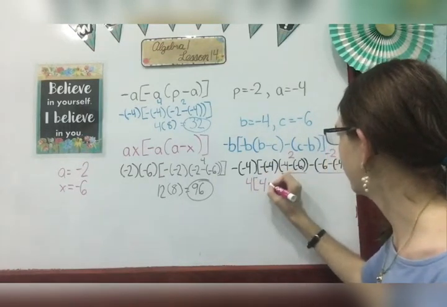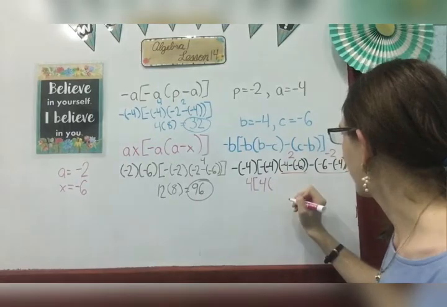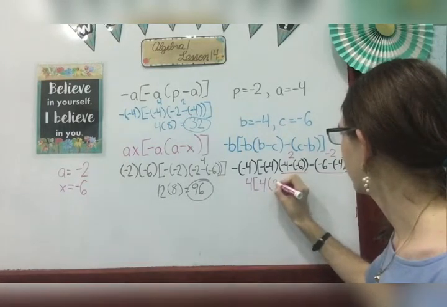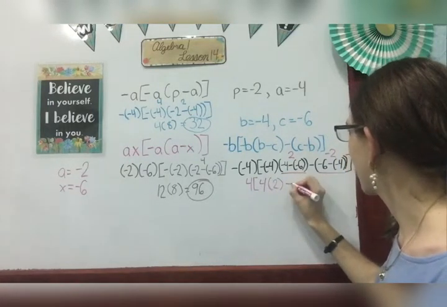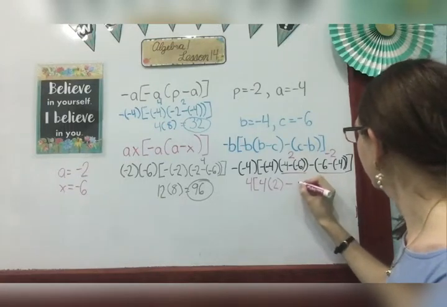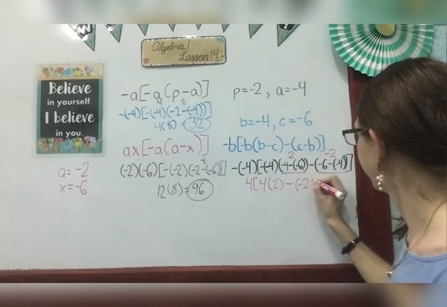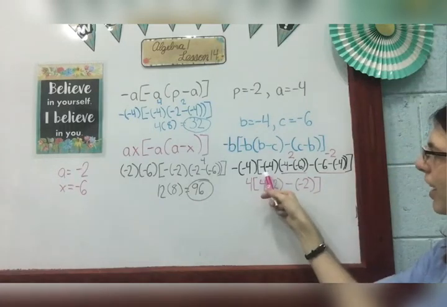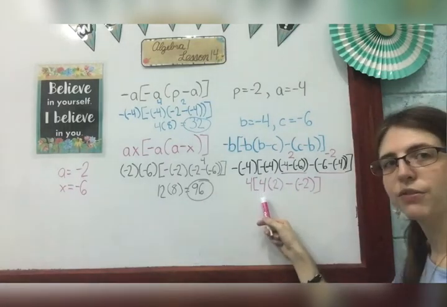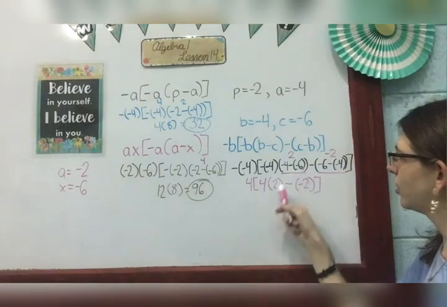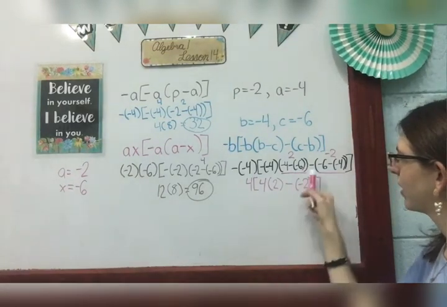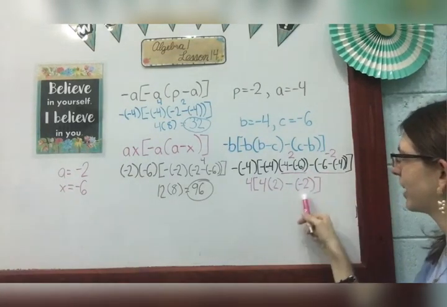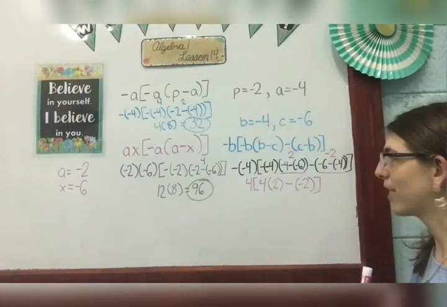Okay, so I have +4 times 2 minus a -2. That's what I boiled down to. Okay, this opposite of -4 is 4. This is 2, so these are multiplied together. And my minus sign, this was -2. So that's a lot better, right?